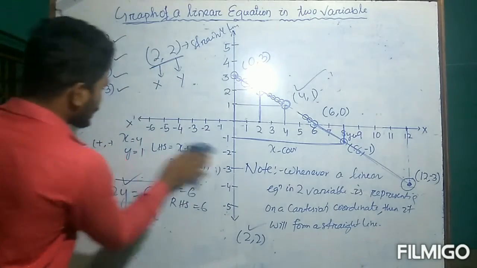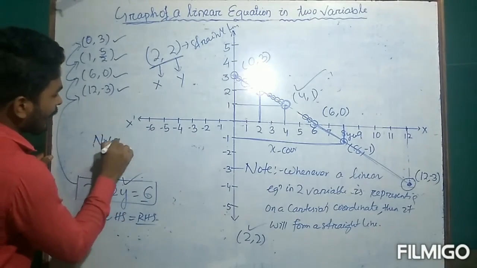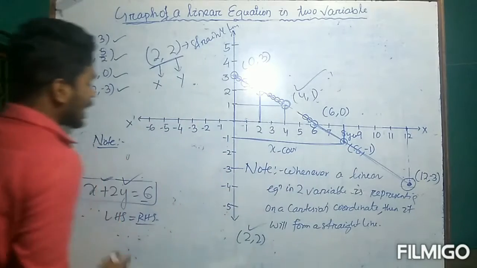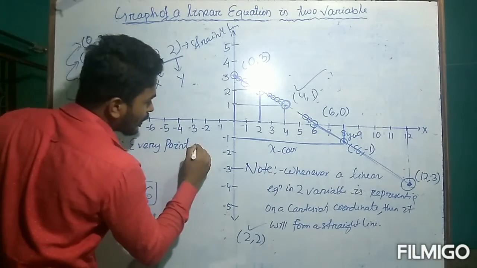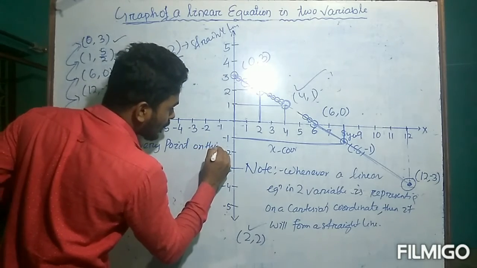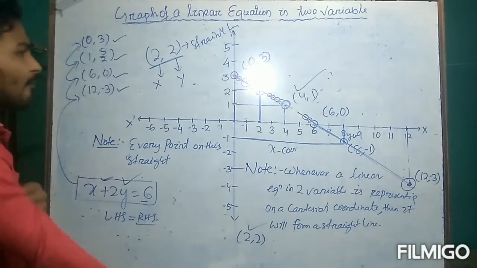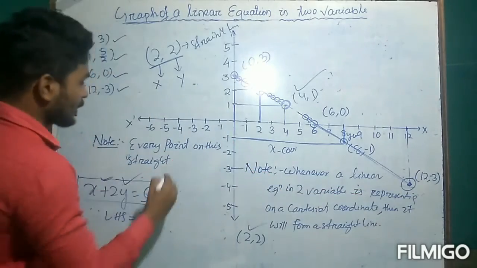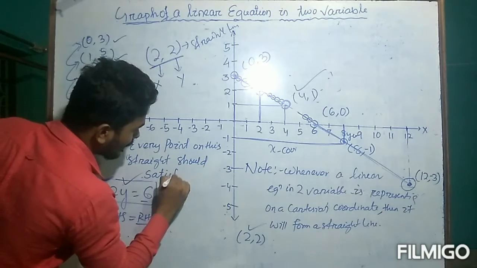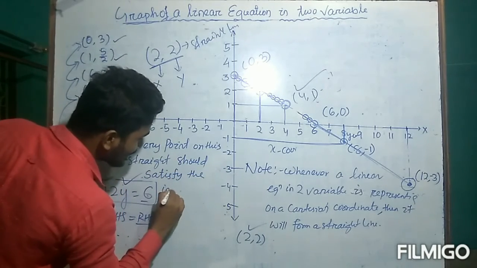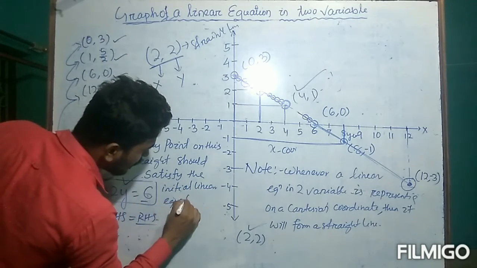So write the second note that every point on this straight line should satisfy the initial linear equation in two variables.